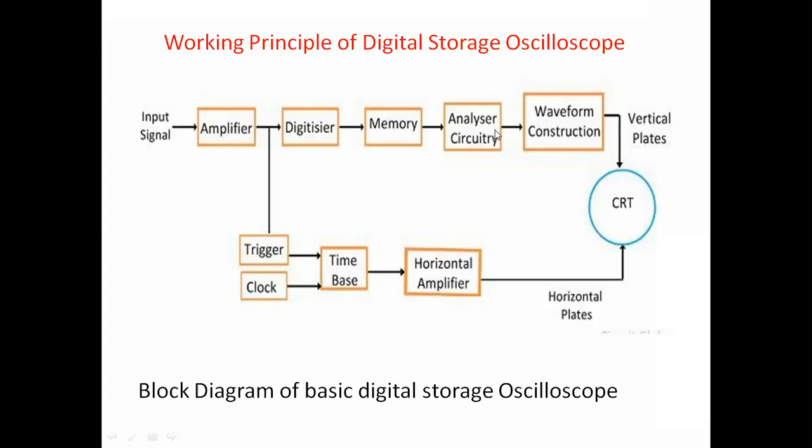Here we can do some analysis of the obtained digital form of the signal, and after that analysis we apply it to the waveform reconstruction, and from there it is applied to the vertical amplifier. This is the basic digital storage oscilloscope block diagram.